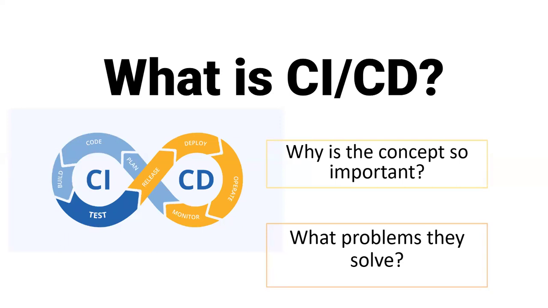So the steps in the cycle are, first of all, the developer writes the code, then it gets built, then it gets tested, then it is deployed into production, and then the end user uses it.